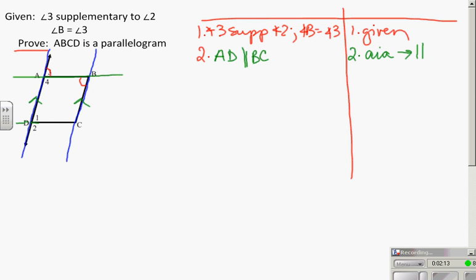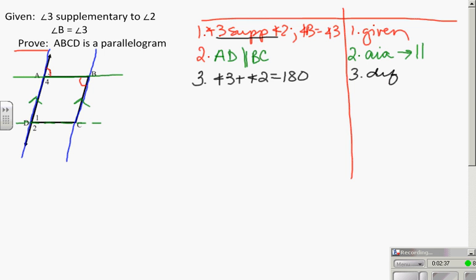Now I have to figure out how to get the green ones parallel. I've been given a hint because all of my numbered angles are over here along this blue transversal. So let's use the supplementary given information. I know that whenever I have words, I always want to change it into an equation.